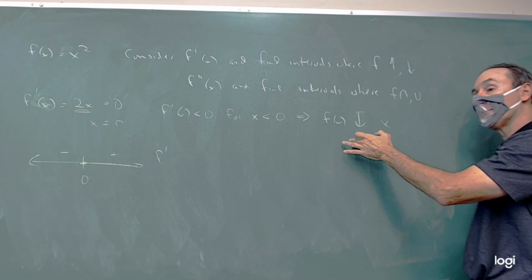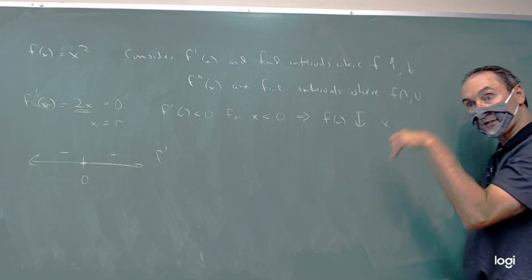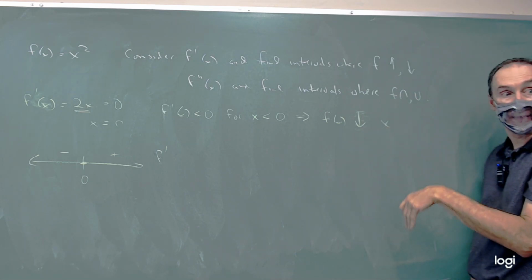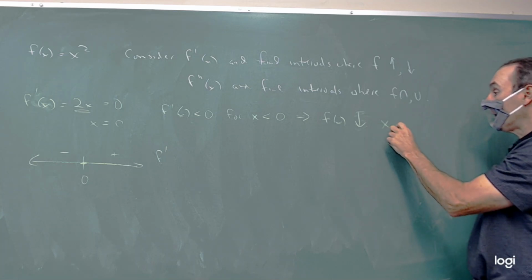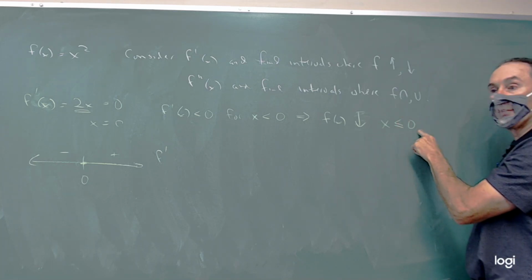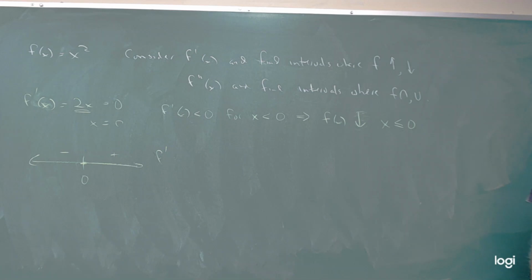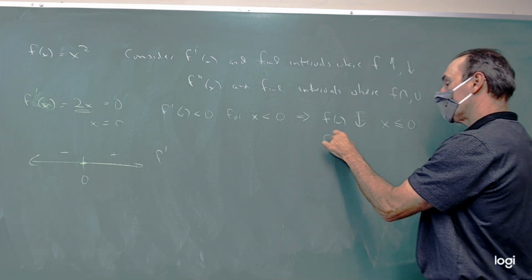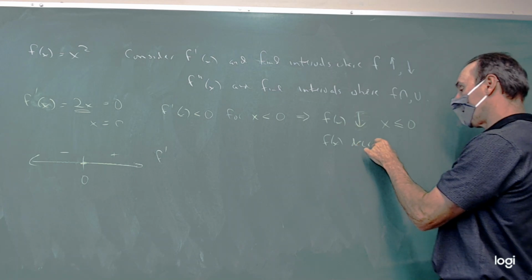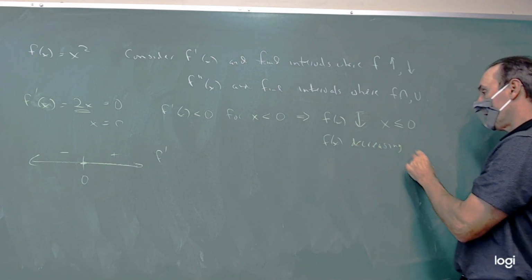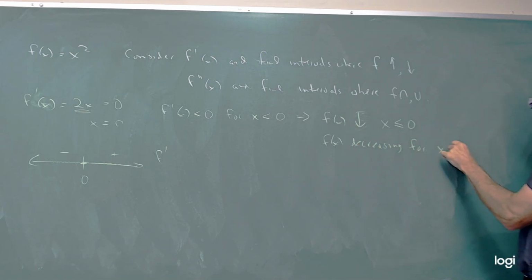Therefore, the original function is decreasing because the slopes of the tangent lines are negative over there. For x less than or equal to 0, we include the 0. With me? Okay. What do the arrows mean again? Increasing or decreasing? So f of x is decreasing for x less than or equal to 0.